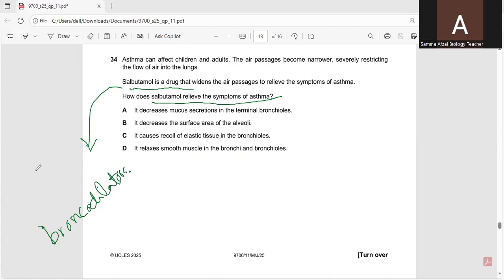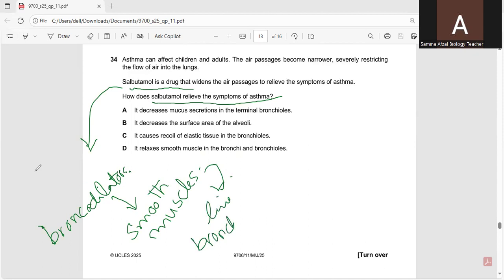So it relieves the symptoms by directly acting on the smooth muscles that line the bronchi and bronchioles.